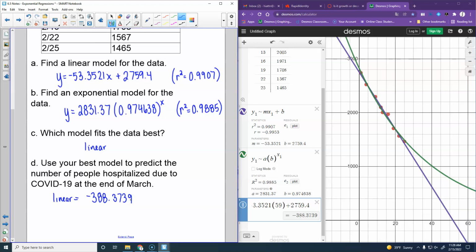We can't have negative people in the hospital, right? The very lowest number of people we can have in the hospital is 0. So that would be an unreasonable prediction.